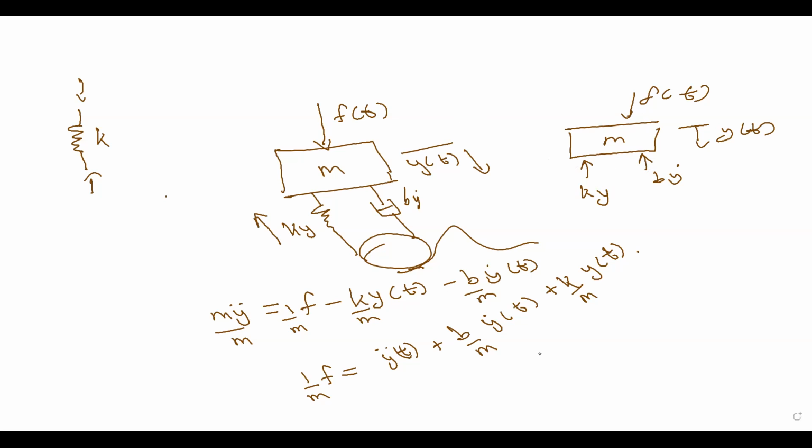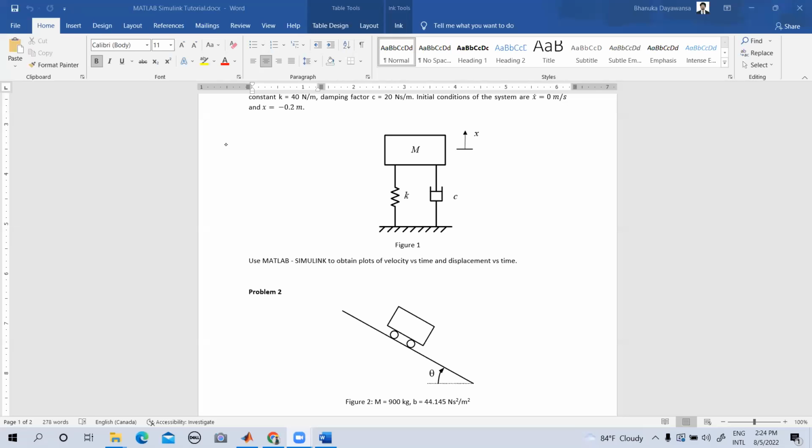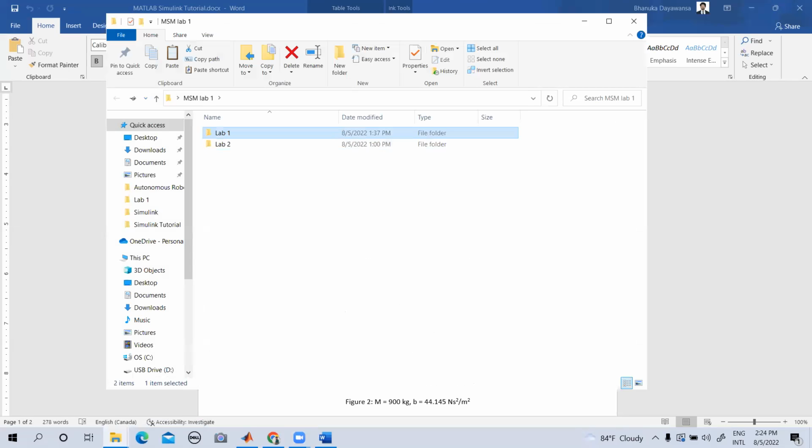That's it. Now let's go to the quarter car model, the lab that you all have to try.